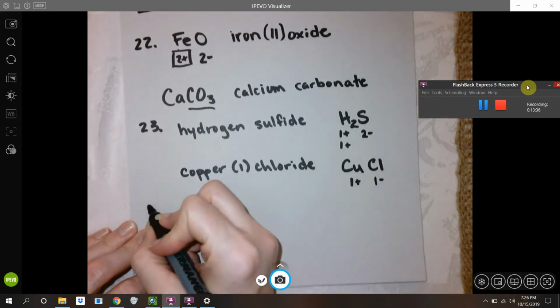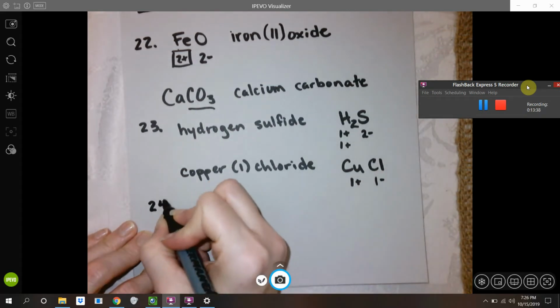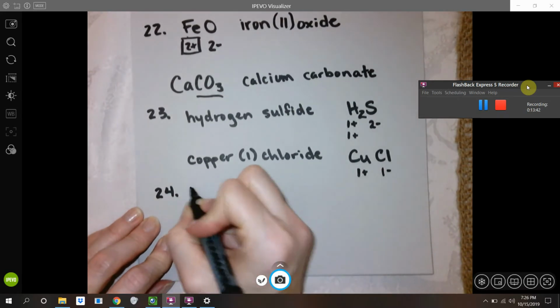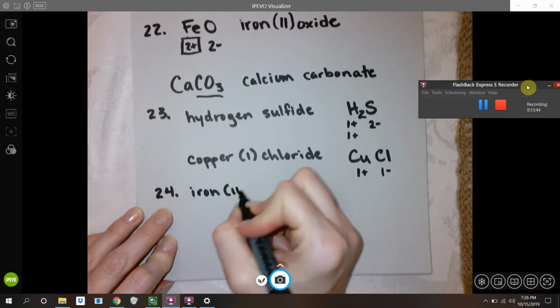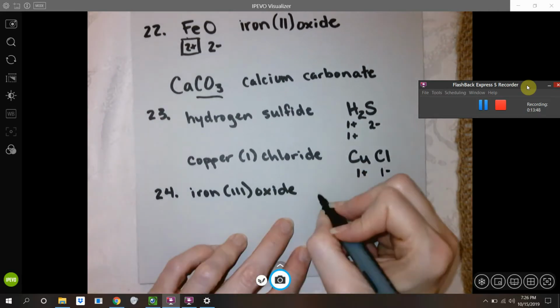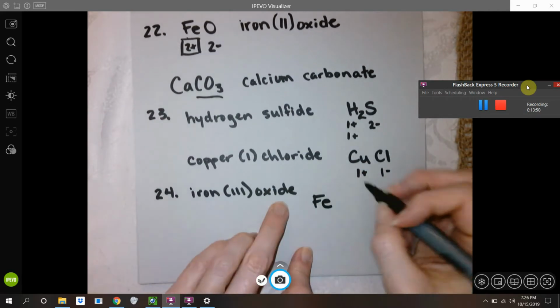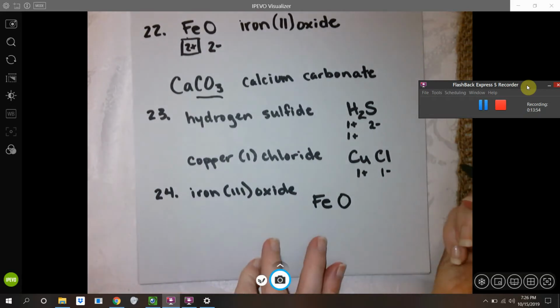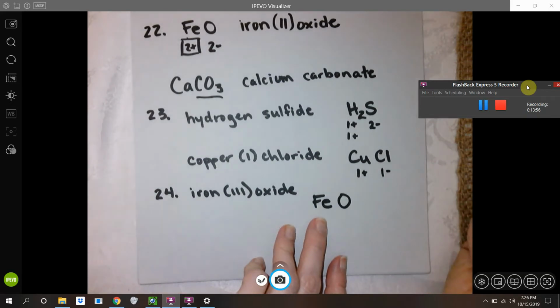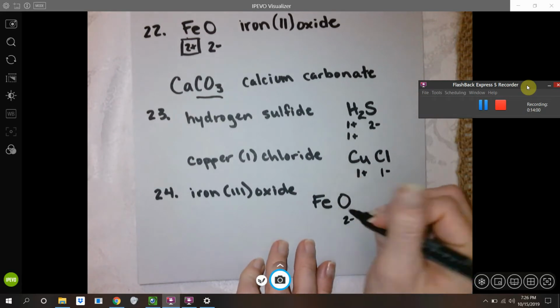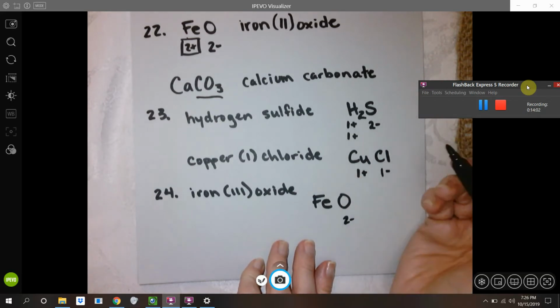Number 24. We have iron 3 oxide, like so. Iron is Fe, oxygen is O. Now, we'll want to balance the charges. We have a metal and a non-metal. Oxygen is 2 minus, and we need to know how many irons we need to balance that.